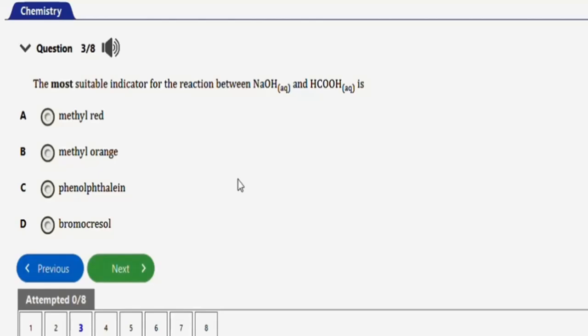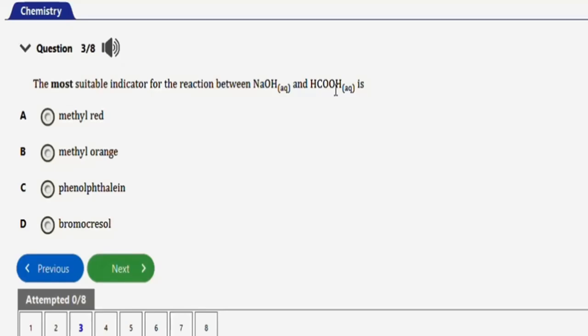Now guys, take note of this. When a strong base is reacting with a weak acid, the suitable acid-base indicator will be phenolphthalein. In this case, sodium hydroxide is a strong base and methanoic acid is a weak acid. So the right indicator here will be phenolphthalein.